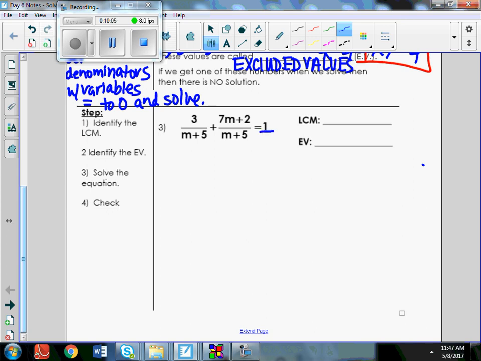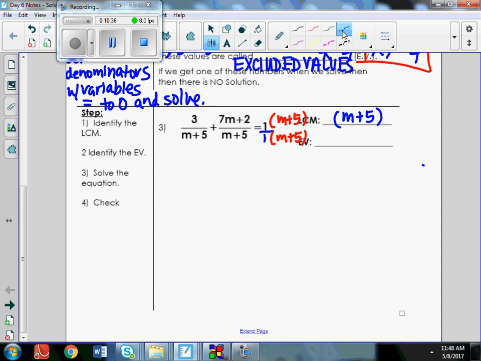This one, I'm going to have to fix because it's just a 1. But I could make a common denominator of m plus 5. So what I have to do is create that on this last one by multiplying the top and the bottom by m plus 5. Remember doing that in the last unit when we were adding and subtracting fractions?